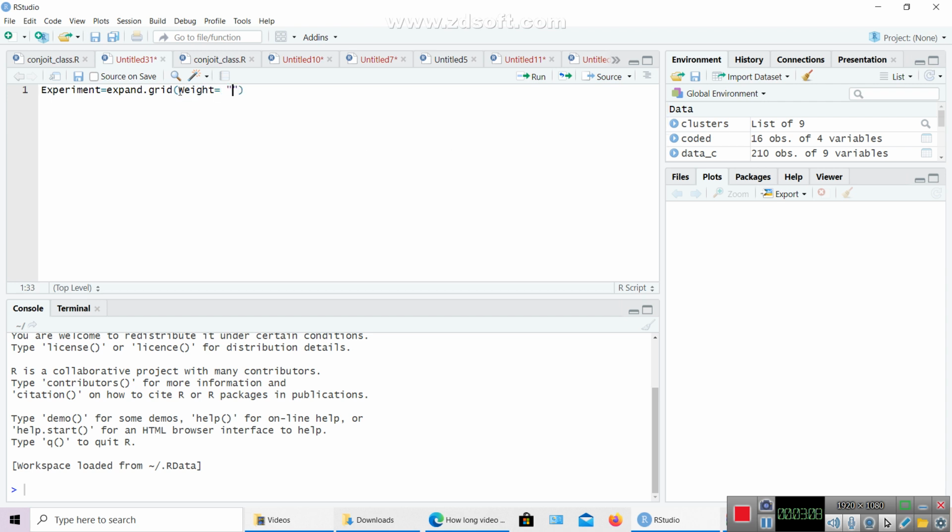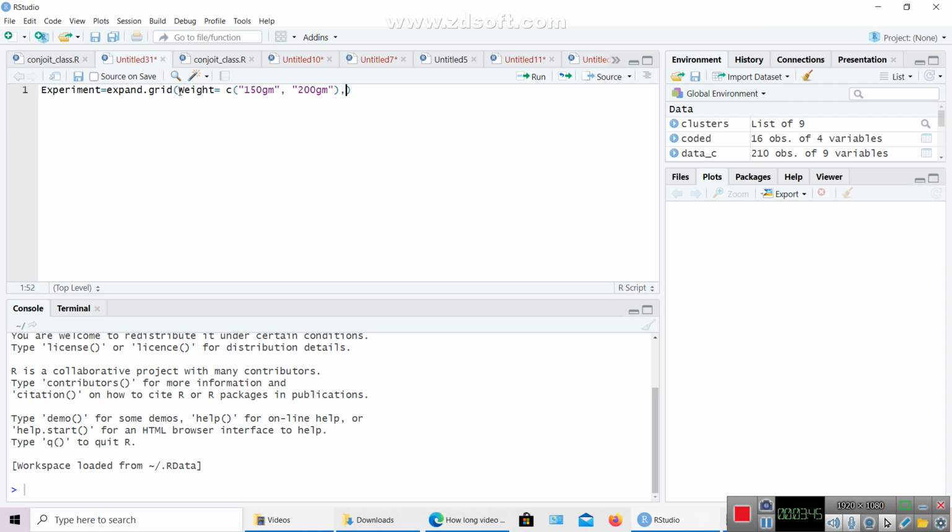Now this weight attribute can be explained using various levels. For example, weight can be represented in grams or high, low. So we have to create levels. Let's say 150 grams, and the second level is 200 grams. Okay, so I've created one attribute with two levels.